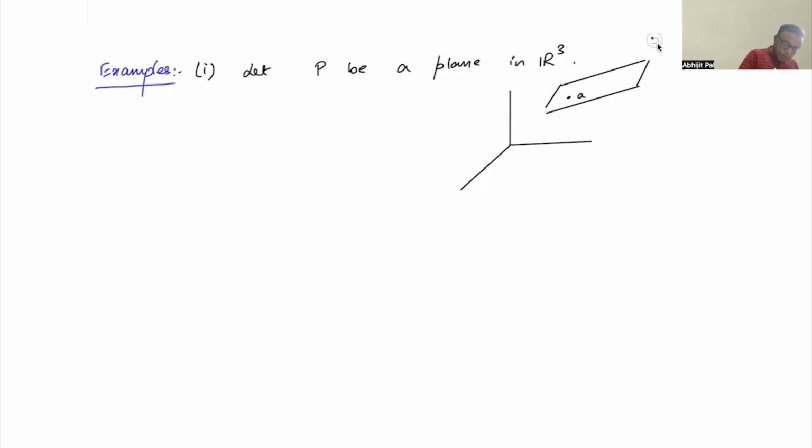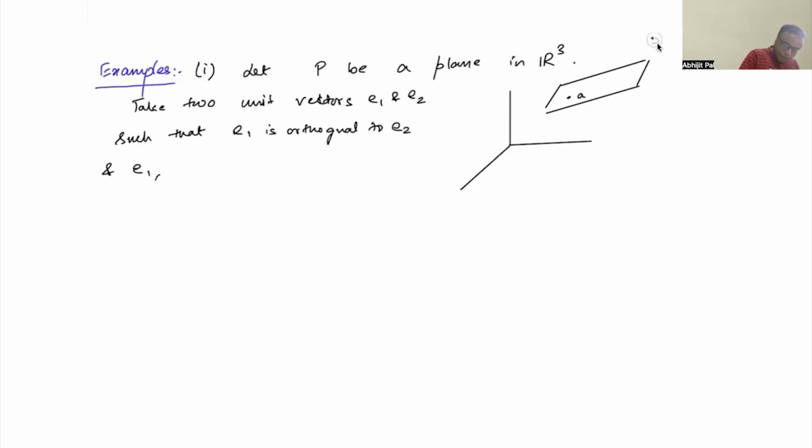So we can take two unit vectors E1 and E2 such that E1 is orthogonal to E2, and E1, E2 are parallel to this plane.